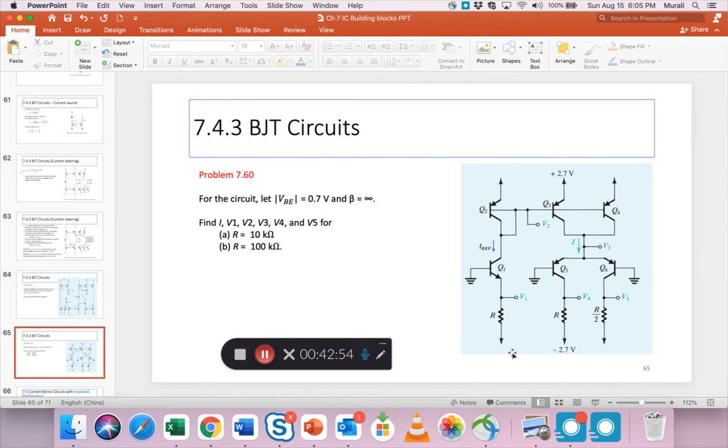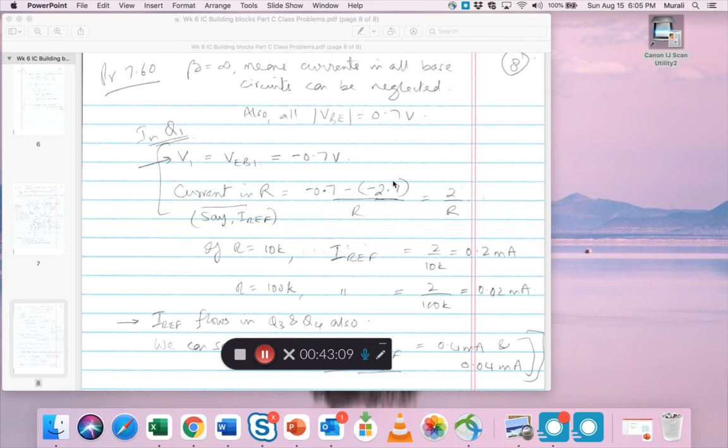Remember this emitter after the resistor is connected to minus 2.7. So the current here is this voltage minus this voltage divided by R, right? So that's what I do here. Minus 0.7 minus a minus 2.7 divided by R gives you 2 by R. If R is 10K, this reference current becomes 0.2. If R is 100K, this reference current becomes 0.02.